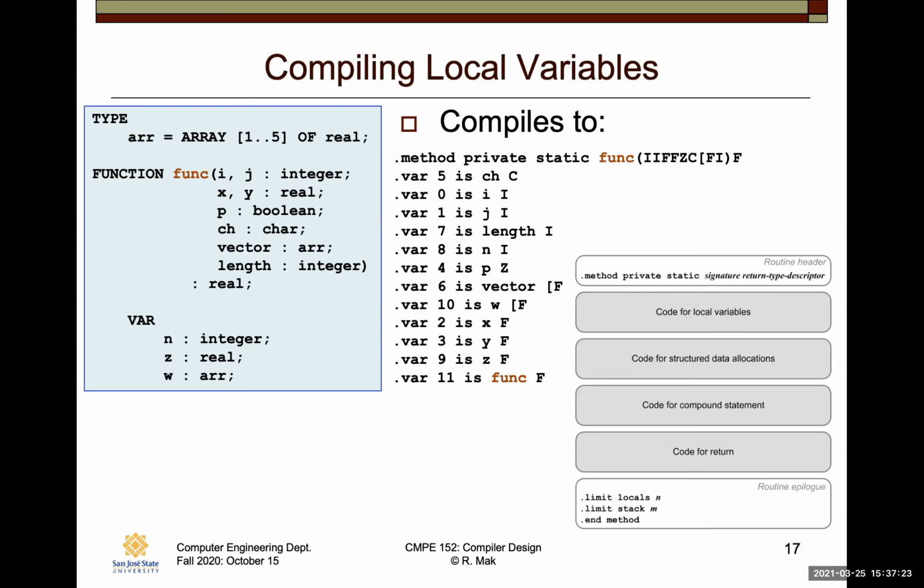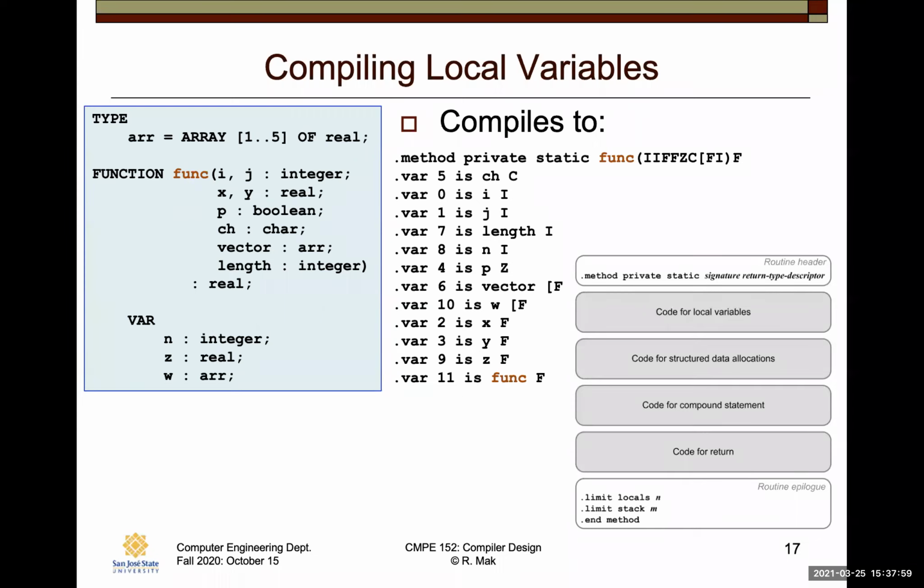And then I do allocate an extra slot, that would be number 11 for the function name itself, because you recall that the way you return a value of a function in Pascal is by assigning the value you want to return to the function name. So to make that happen, I do then treat the name of the function as an extra local variable, and so that's why I have a slot 11.